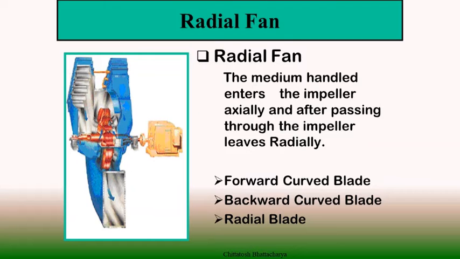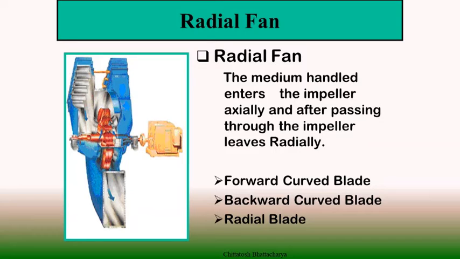So, as shown in this slide, in case of a radial fan, the medium enters the impeller axially and passes through the impeller radially. That's why it is called a radial fan. Radial fans may be of three types: forward curve blading, backward curve blading, and radial blading or straight blading.